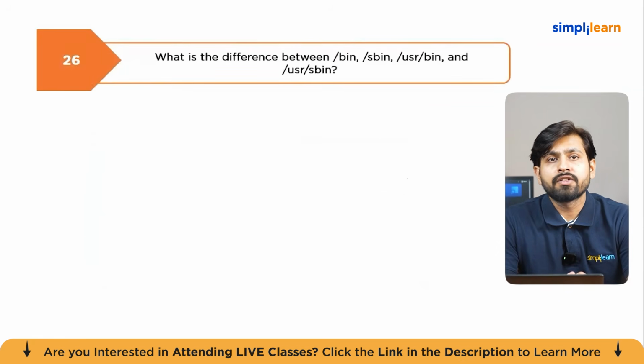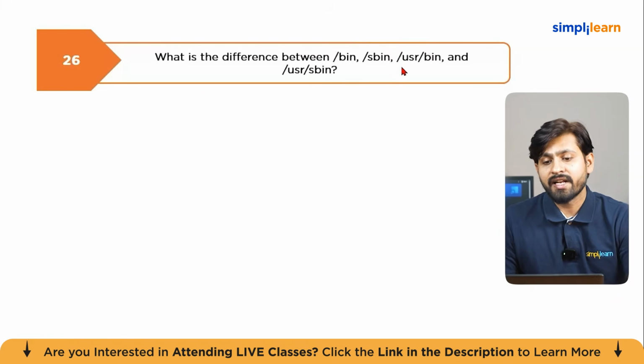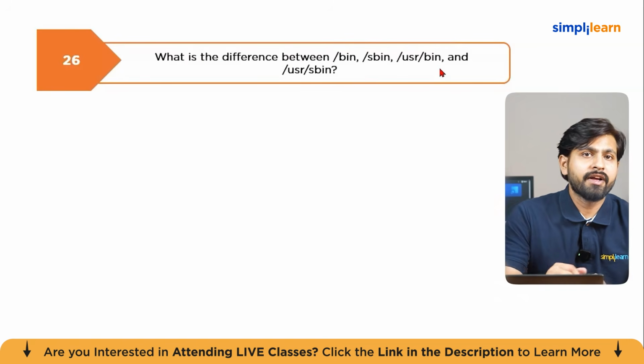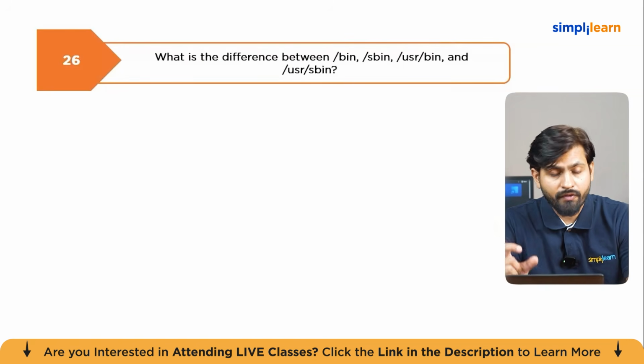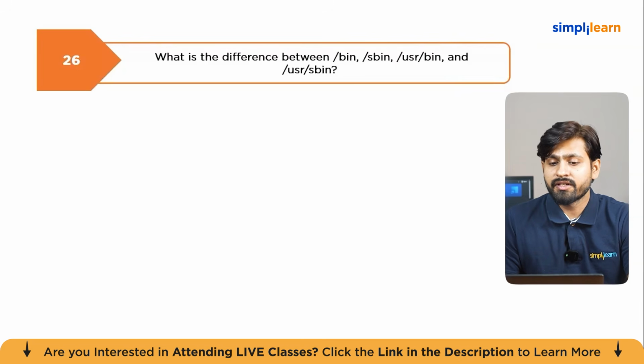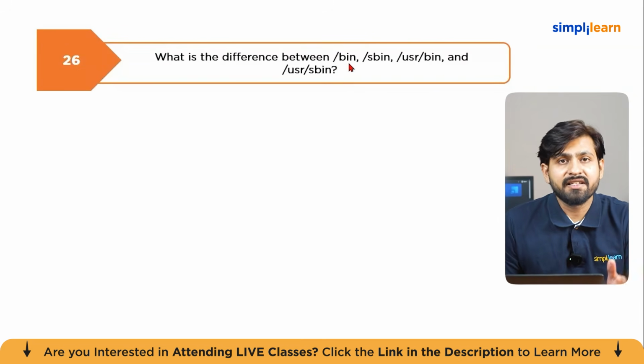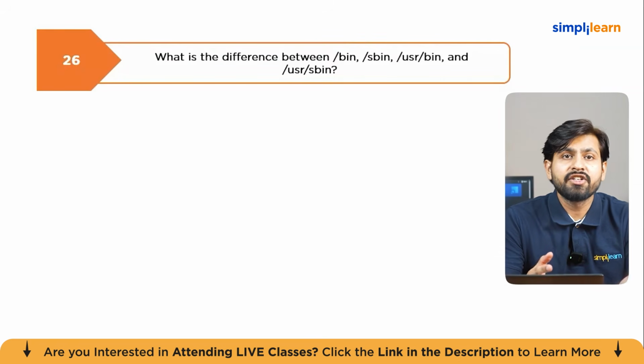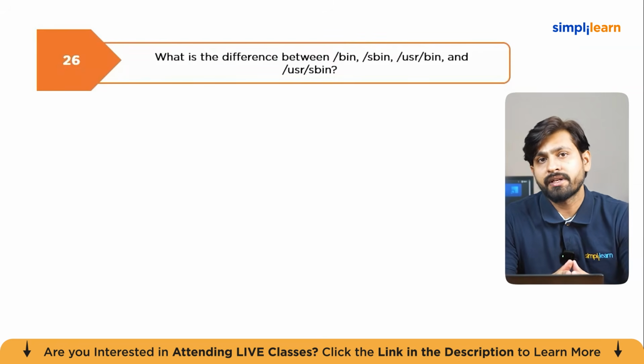The next question is, what is the difference between /bin, /sbin, /usr/bin, and /usr/sbin? Now this is a very fundamental question, but this is also kind of trickier. So let us first decode the first one. /bin contains essential user commands, whereas /sbin contains essential system and administration commands.